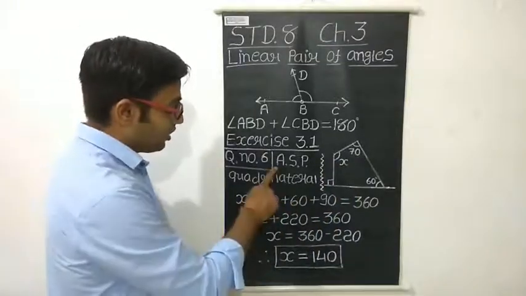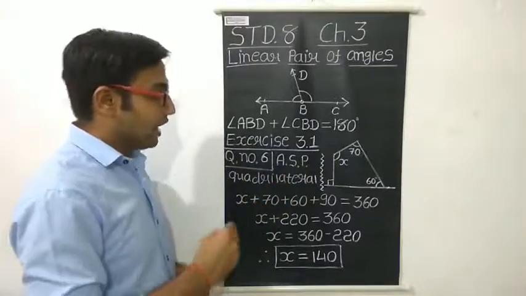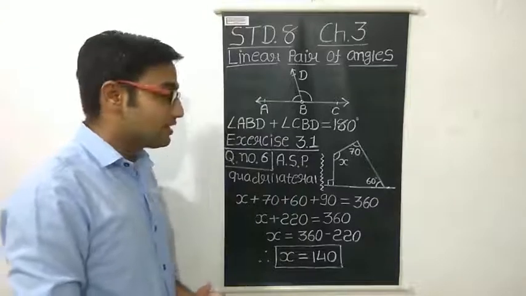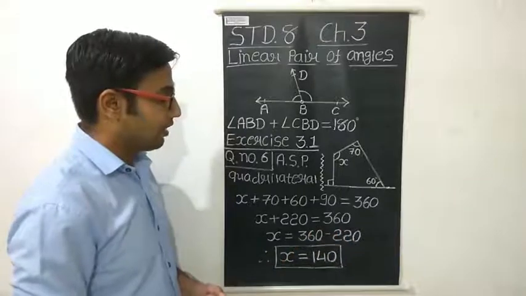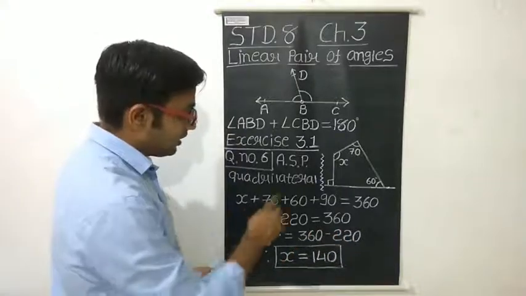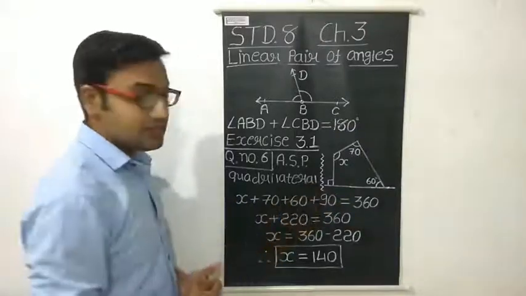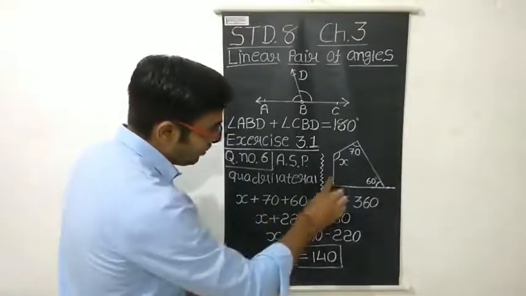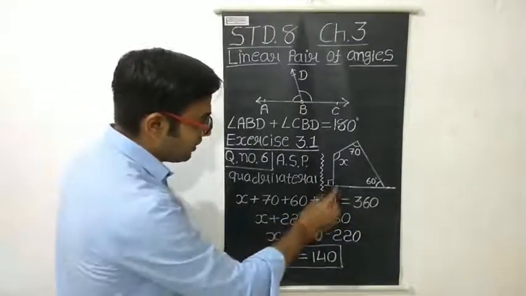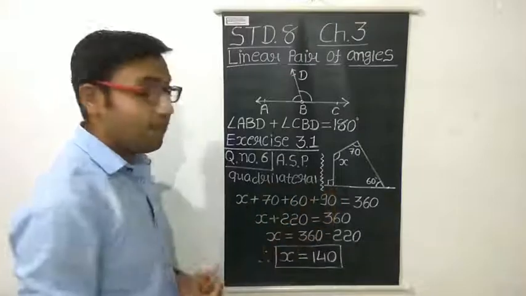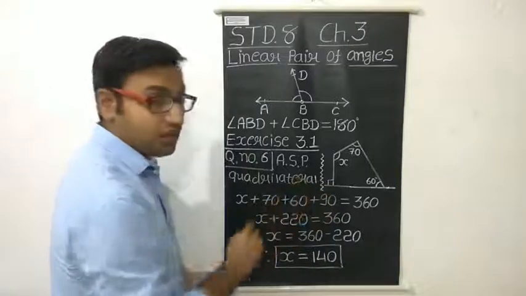According to the angle sum property of a quadrilateral, the addition of all the angles is how much? We know it is 360 degrees. And what are the angles? The first angle is x, the second is 70, the third is 60 degrees. The fourth angle is not given, but the left-hand side angle is 90 degrees.